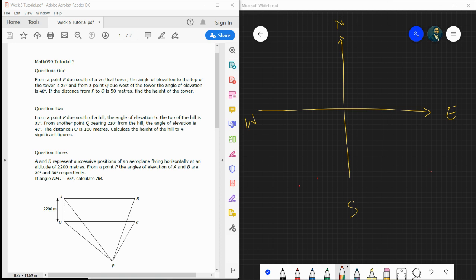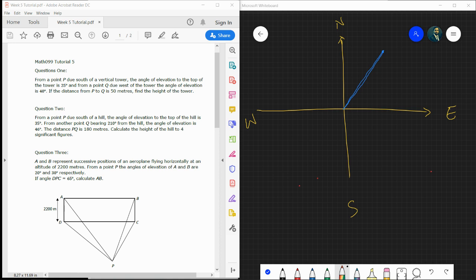Now, from a point P due south of a vertical tower. So the tower, let's say, is here. That's the tower. This tower is standing tall, so it's 90 degrees in every direction, but that's not possible to show in this 2D diagram. So you just have to understand that this is a tower standing tall at the origin.